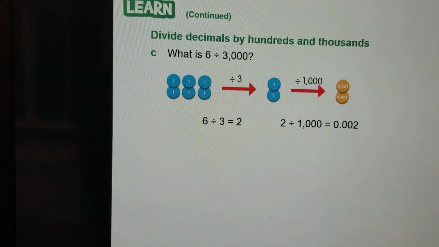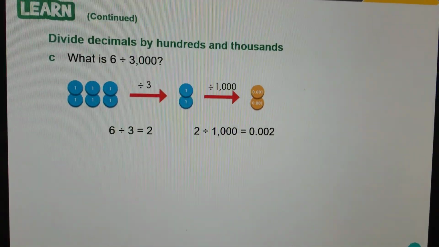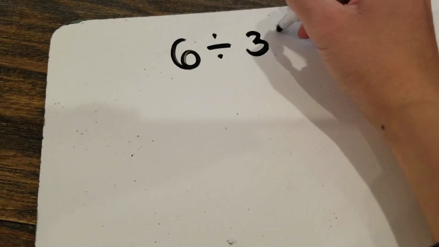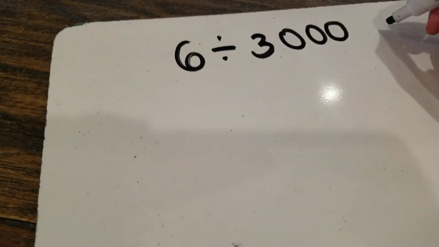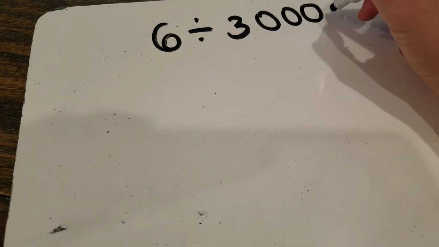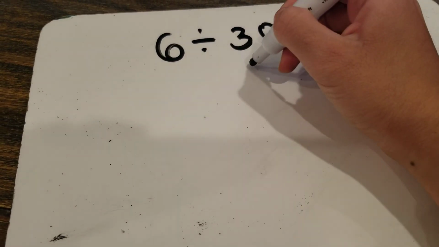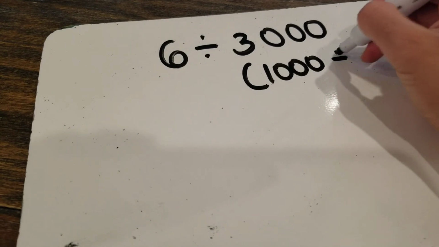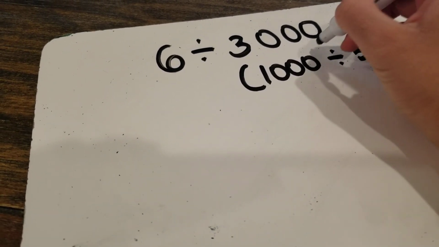They did the opposite method again. They like to mix you guys up, but I'll show you on my screen. So 6 divided by 3,000 is the same thing as divided by 1,000, and then again divided by 3.